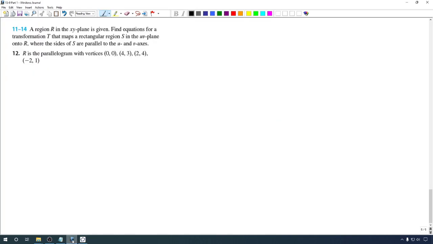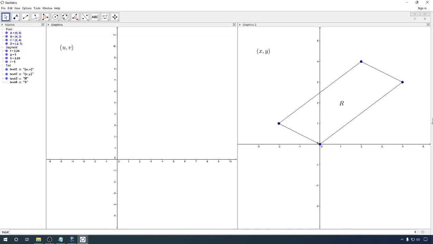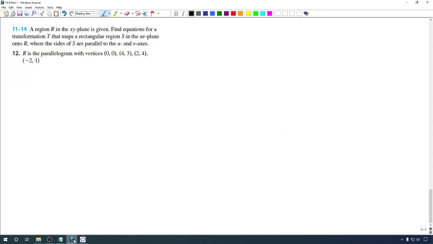In fact, think about the line from 0 to 4, 3. If we look at that line, that line has a slope of 3 over 4, and it passes through 0, 0. Therefore, we have a boundary curve of y equals 3 over 4 times x.